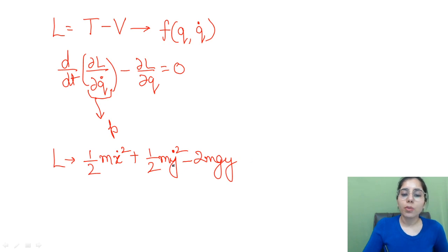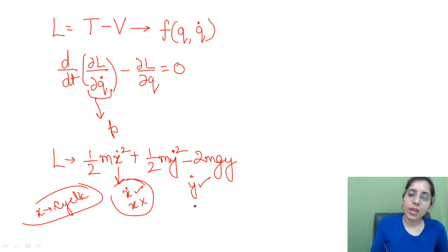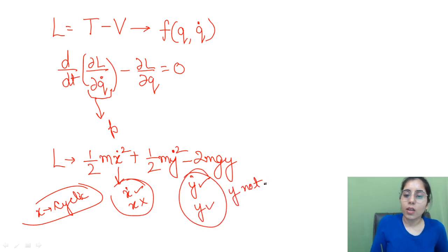Here x dot is present, but x is not present. Clear? So x is a cyclic coordinate. Y dot is present, and y is also present, so y is not cyclic. That's how you can identify a cyclic coordinate.